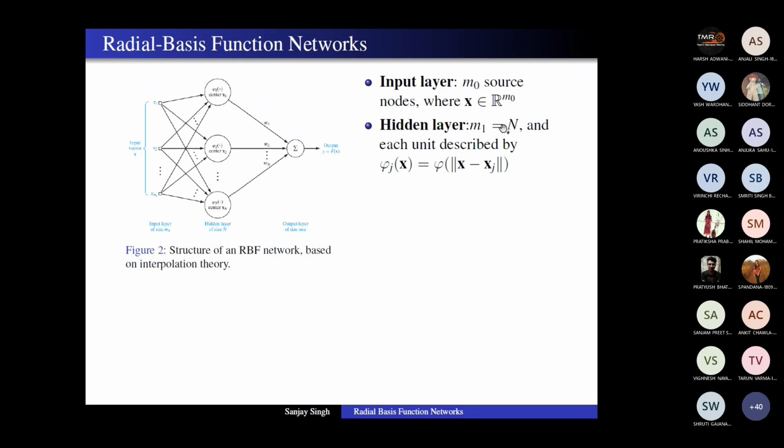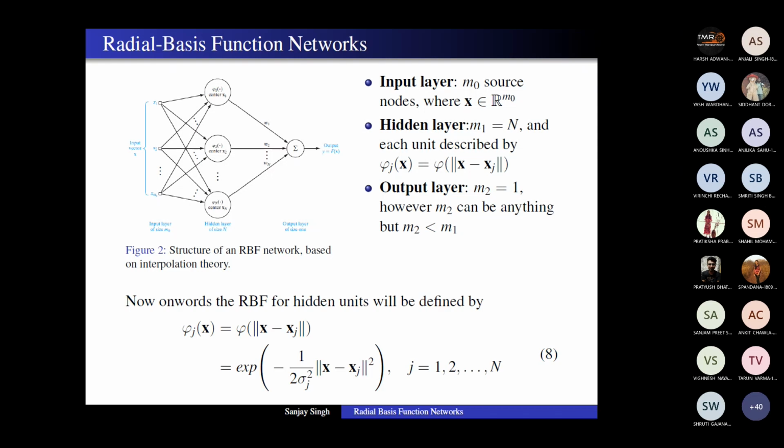Each unit is described by this particular point. The output layer M2 is always 1. It does not have any other dimension; it's just one point, either a class label for classification or a value for regression. M2 can be anything, but M2 is always less than M1.